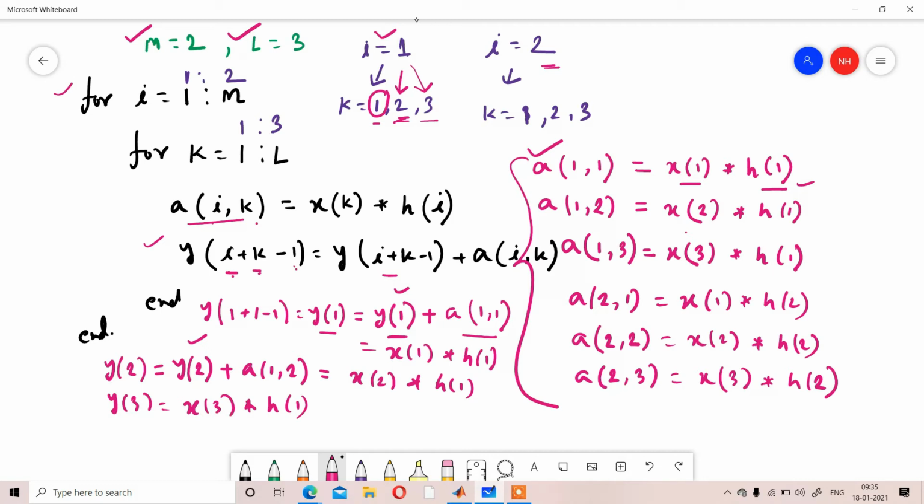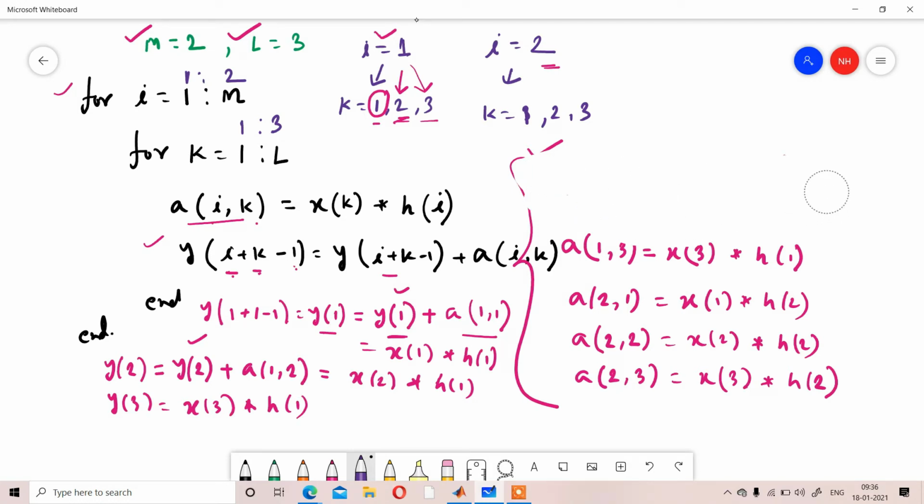Now again, whenever you change the value to I equal to 2, for I equal to 2, again you will check k equal to 1. Just I am showing one parameter. For I equal to 2 and k equal to 1, so y, 2 plus 1, 3, minus 1, 2. So you will get y2.